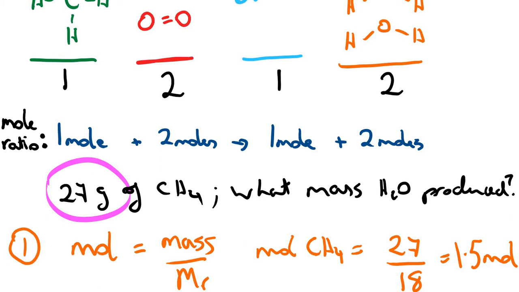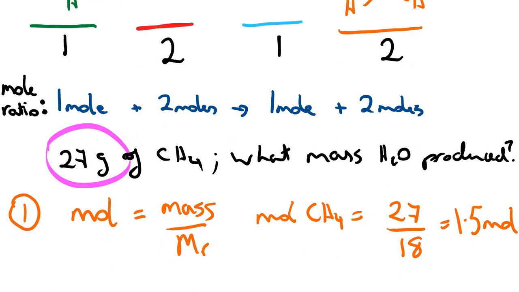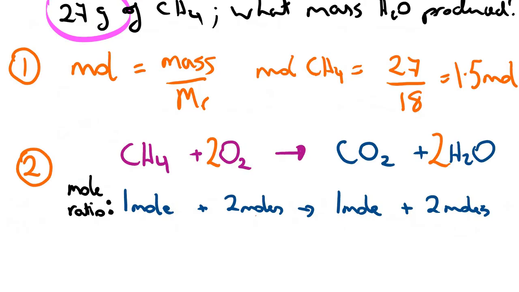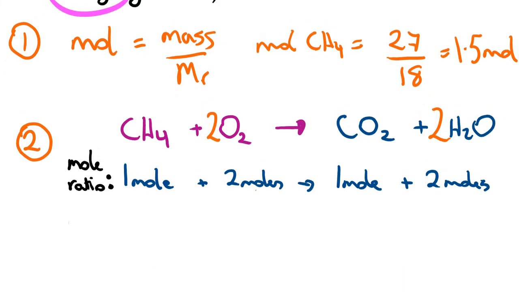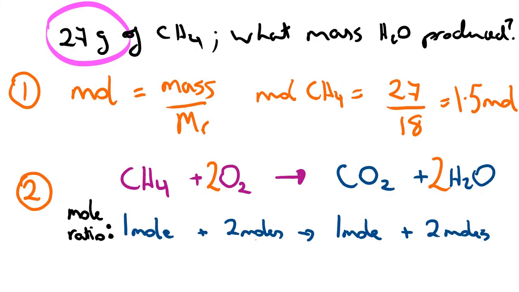If I wanted to know the number of molecules of methane, I would multiply that by Avogadro's number, which is 6.02 times 10 to the 23. But I don't want to know the number of molecules because we're just happy dealing with the number of moles for now. The next crucial step is using the mole ratio, the most important step. So, according to the mole ratio, 1 mole of methane reacts with 2 moles of oxygen to give 1 mole of carbon dioxide and 2 moles of water. Really important.